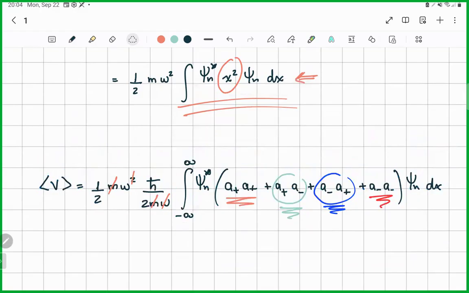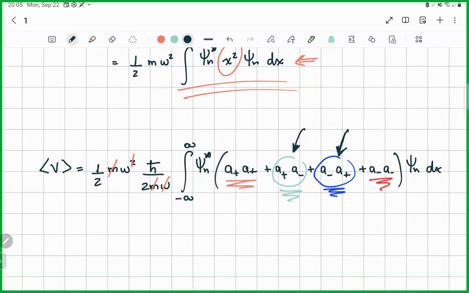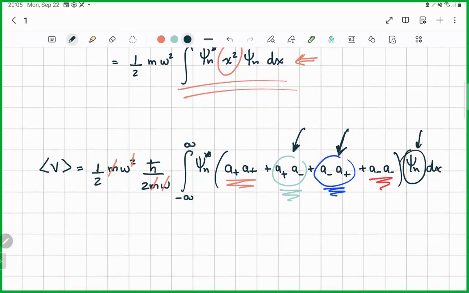What we conclude is that the only terms that can survive are the terms where we have an equal number of A plus and A minus, because an equal number of A pluses and A minuses may raise and lower so that we always go back to psi n. So equal numbers of A plus and A minus are the terms that survive.